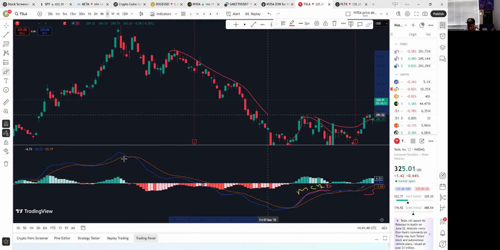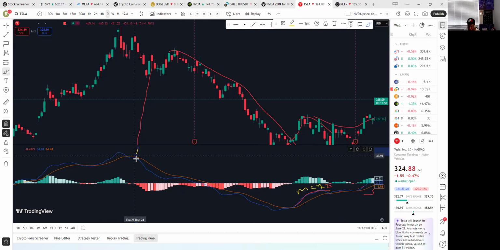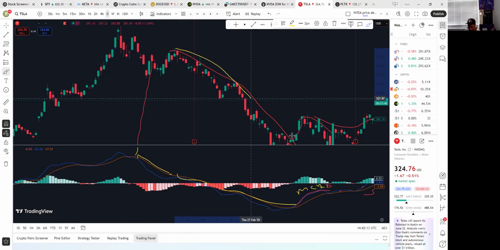If you put the line here, you see the signal line is above the MACD line. The red line there is above the blue line. So the stock is being bearish. That's the way you're watching it.